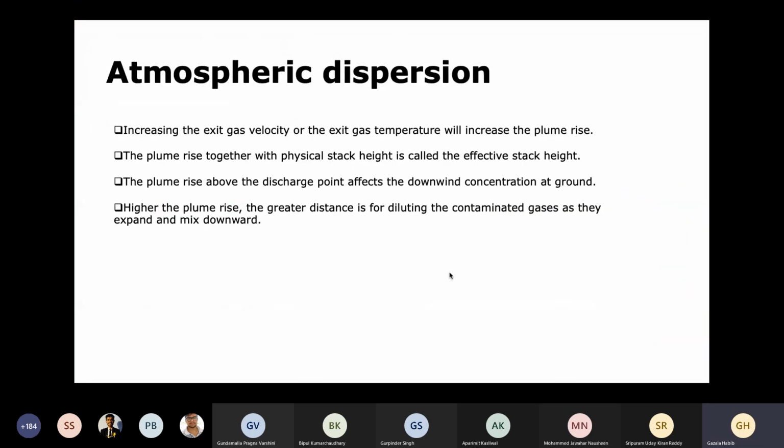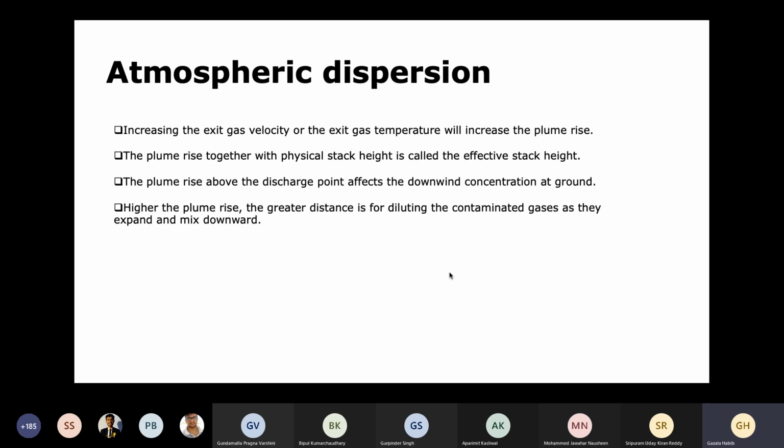So atmospheric dispersion will be affected by increasing the exit gas velocity, and the exit gas or the flue gas temperature will increase the plume rise. So there would be a vertical rise of the plume when the plume goes out from the stack, right?